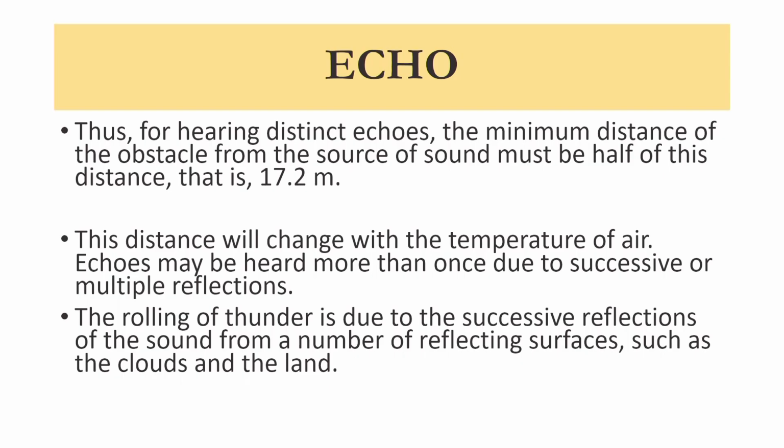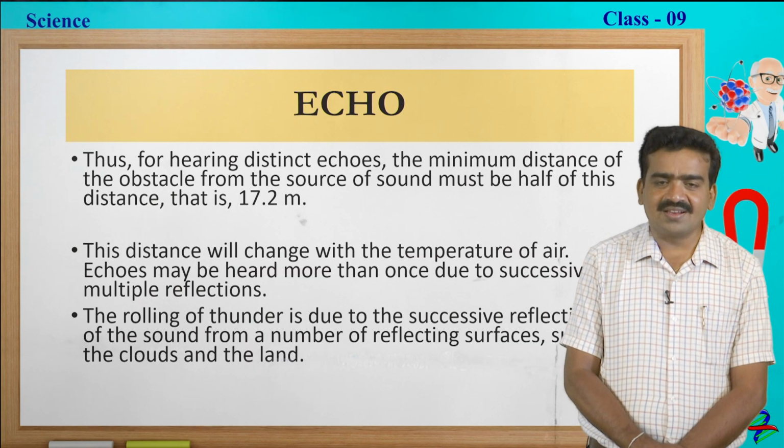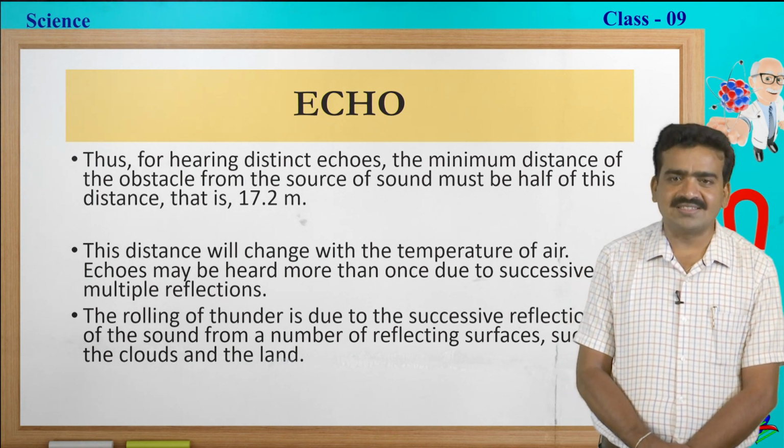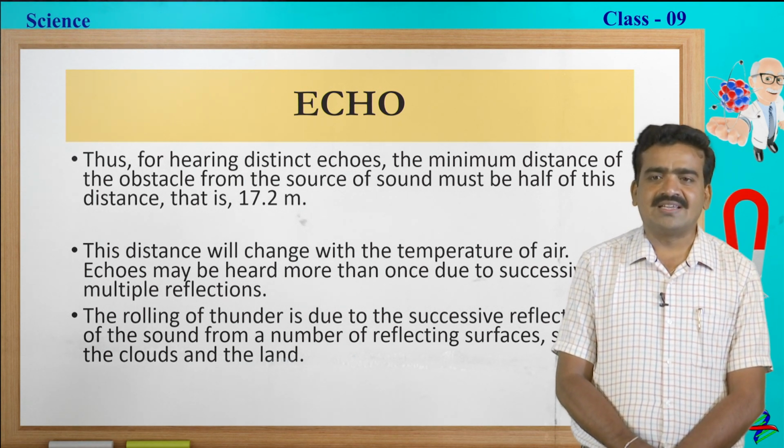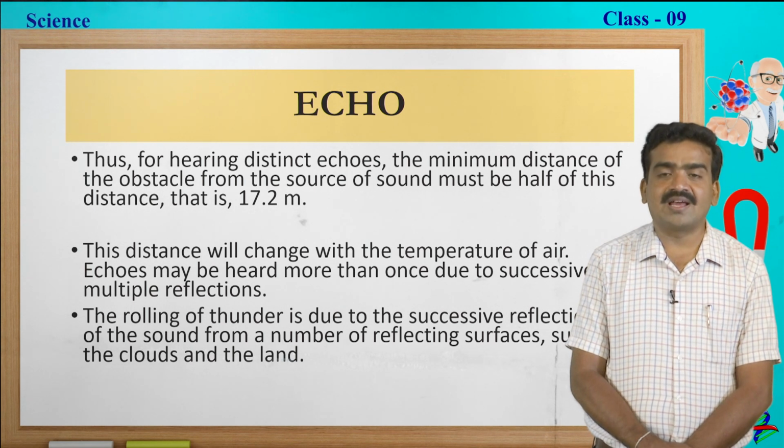This distance will change with the temperature of air. Echoes may be heard more than once due to successive or multiple reflections. So, we hear rolling thunder during the rainy season because of the successive reflection by the clouds as well as land.